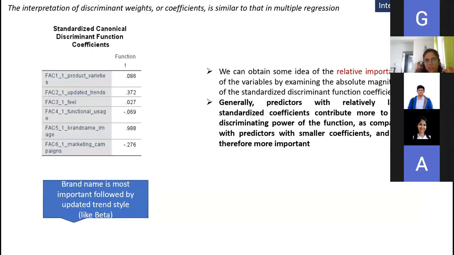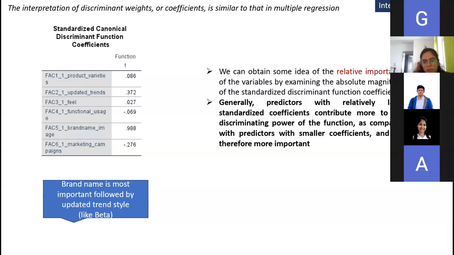So there is this table, the standardized canonical correlation coefficient. Just read it like beta, just as we read beta values in regression. So which factor is most important in discriminating male and female? Just read which has the highest value of beta.